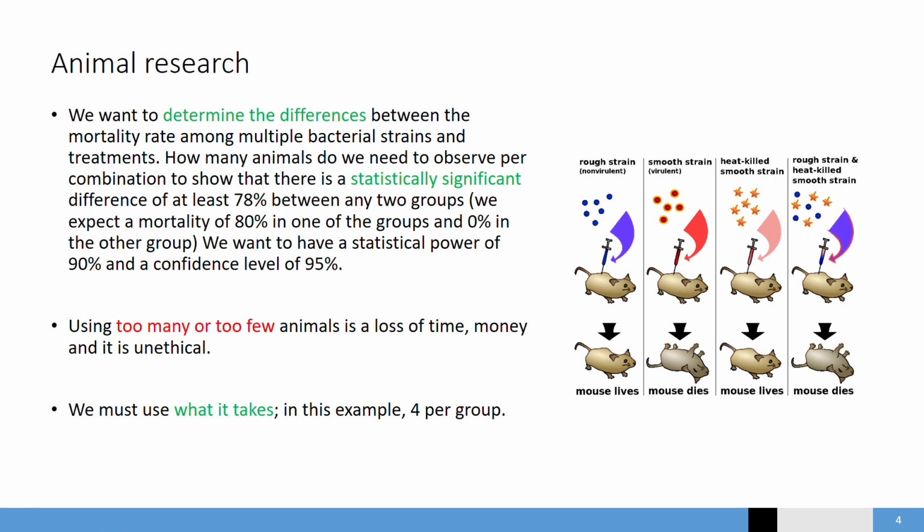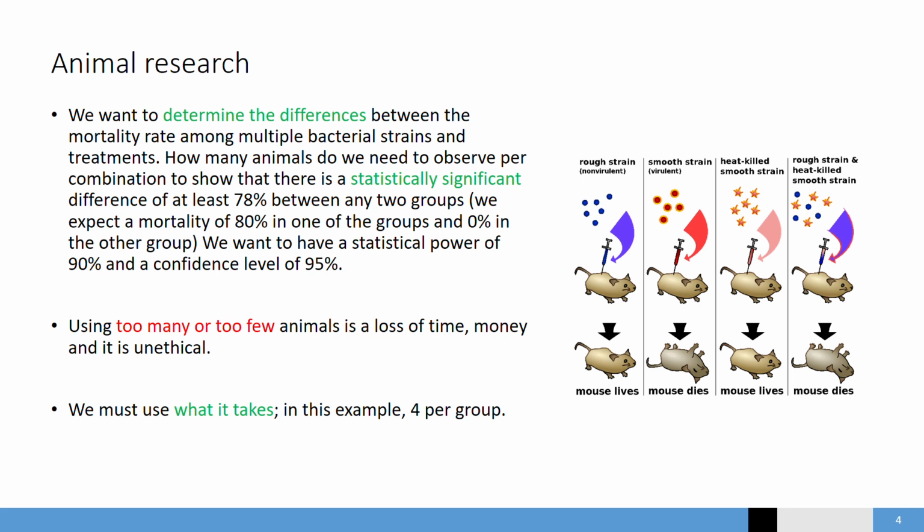So far you haven't done the experiment, but this is the kind of gap that you want to detect with a statistical power of 90% and a confidence level of 95%. When you do the experiment, if the treatment is partly successful, let's say the number of animals dying drops from 80% to 40%, but with the number of animals you will have, you will not be able to show that that drop from 80 to 40% is not due to chance.